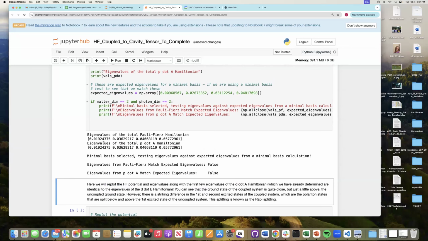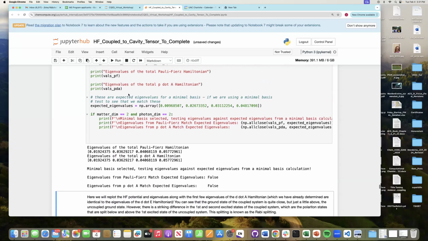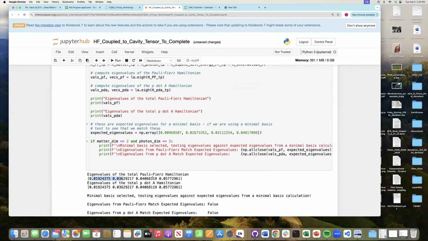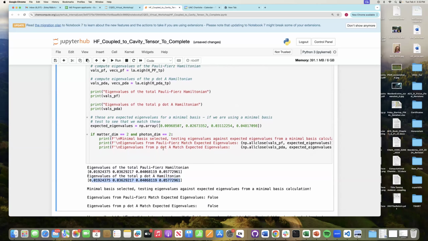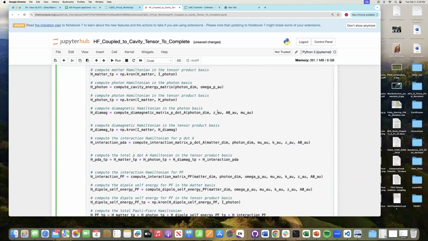And these are the eigenvalues we're getting. Let's see what's happening. So now the good news here is that we have exactly the same eigenvalues from the Pauli-Fierz Hamiltonian as we do from the P.A. Now the bad news is we have these expected eigenvalues in here, and those are different than what we expect.